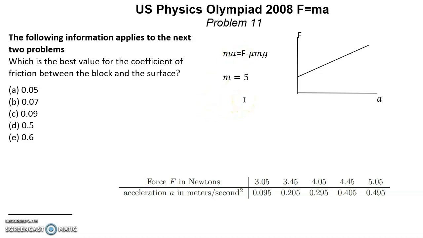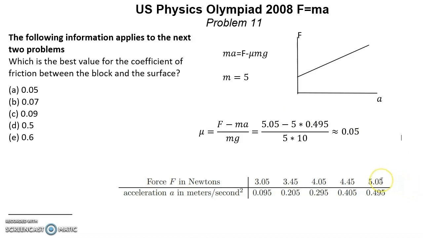It's 5 kilograms. So we can use all data which we already have, and this is our calculation. Here we use force 5.05 and acceleration 0.495. Put it in this formula, and finally we found that mu equal 0.05. That's answer A.